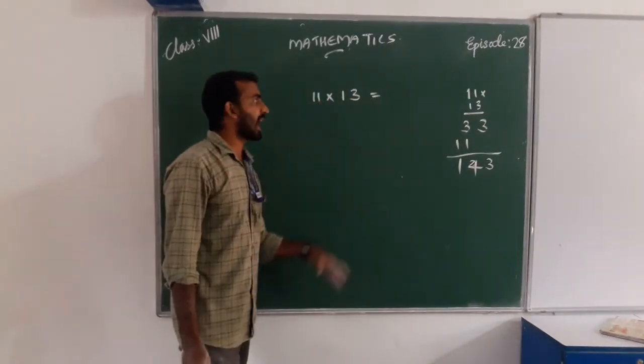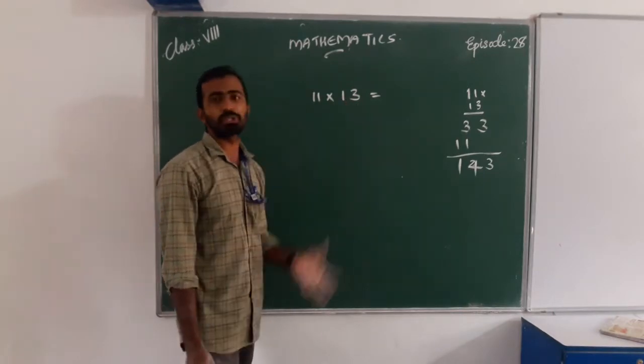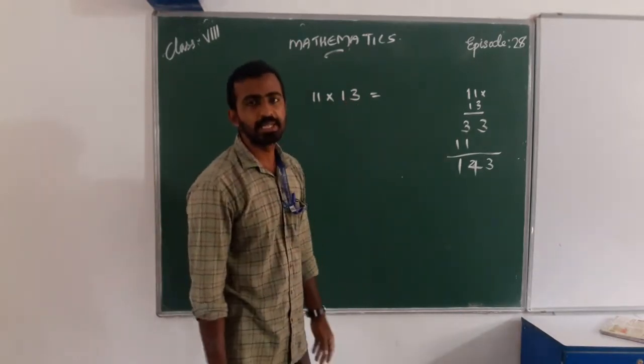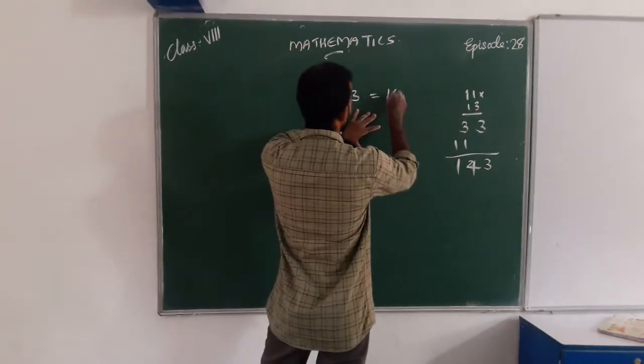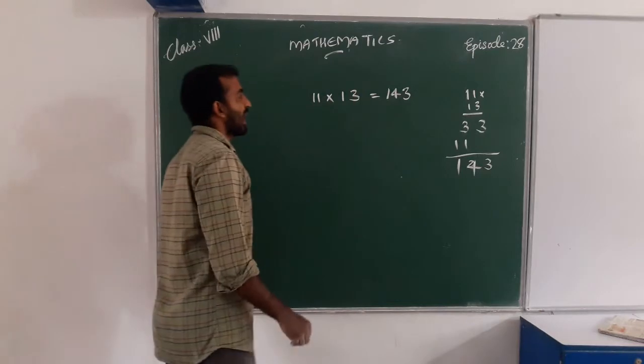The property of 11 and 13 is that these are two consecutive odd numbers, so 11 into 13 equals 143.